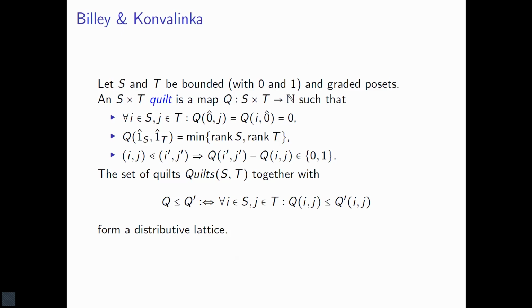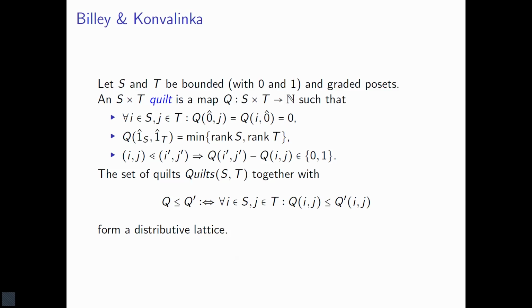So we want that the first column is all zeros. And the first column now means the elements where one of the coordinates is 0, the bottom element. And same for rows.